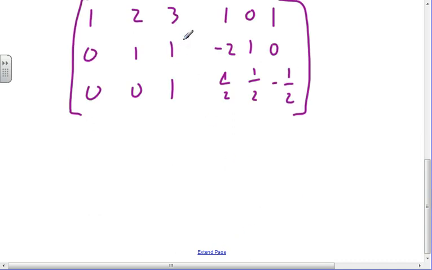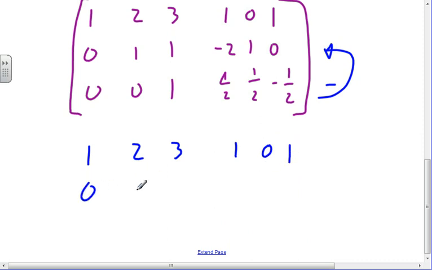Alright, next thing I want to do is make this guy a 0. So I'm going to subtract the bottom guy from the middle guy. 1, 2, 3, 1, 0, 1. 0, 0, 0, 0, 1, 0.